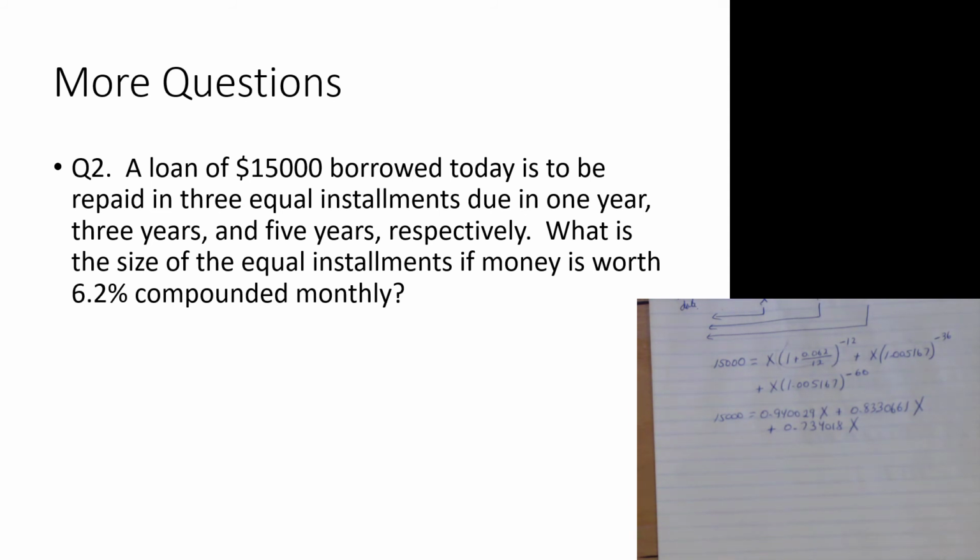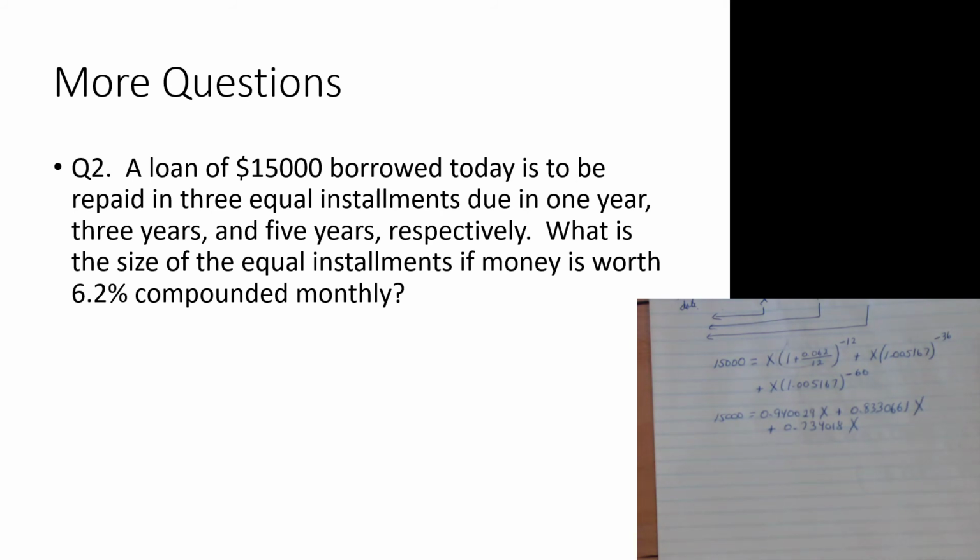As I get further and further into the future, payments that happen further into the future have more interest in them relative to their principal. And so I would expect the coefficient in front of the payment made 5 years from now to be smaller than the coefficient in front of the payment made 3 years from now, and smaller than the coefficient for the payment made 1 year from now.